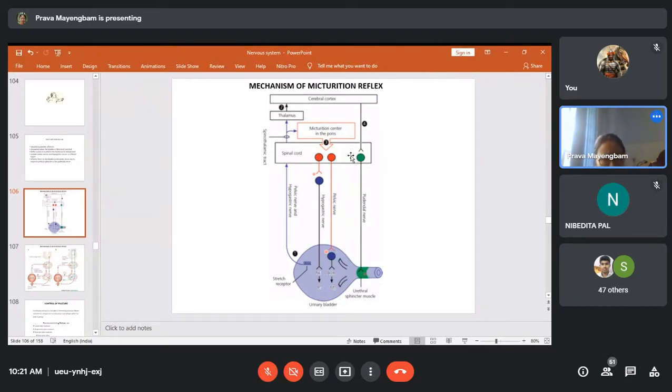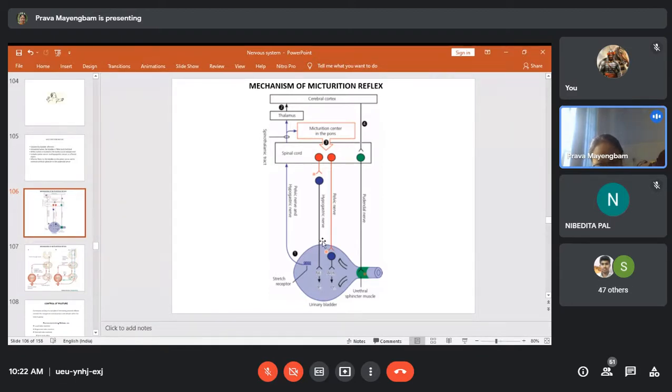And the micturition center is located in the pons. That is called the pontine micturition center. When the urinary bladder starts filling with urine, the pressure inside will be less.